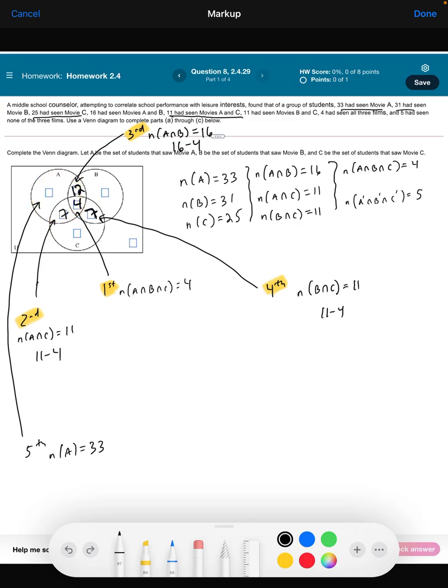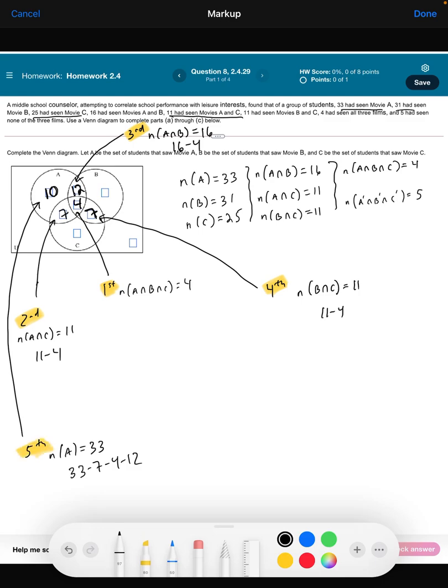So all we have to do from that 33 is subtract those numbers, 7, 4, and 12. So we have 33 minus 7 minus 4 minus 12. When we do that, that gives us this number here to be 10. All right, that was our 5th step.